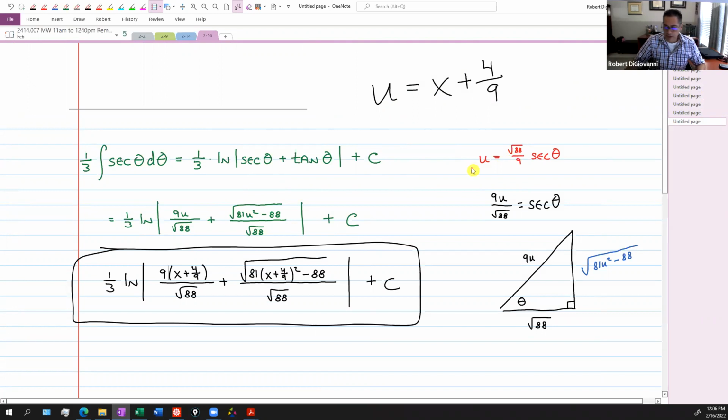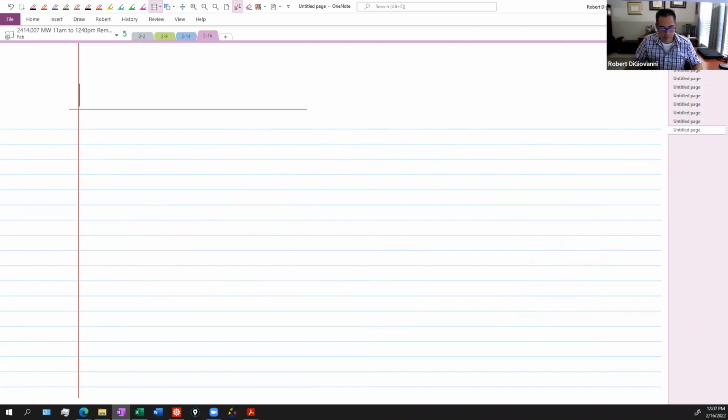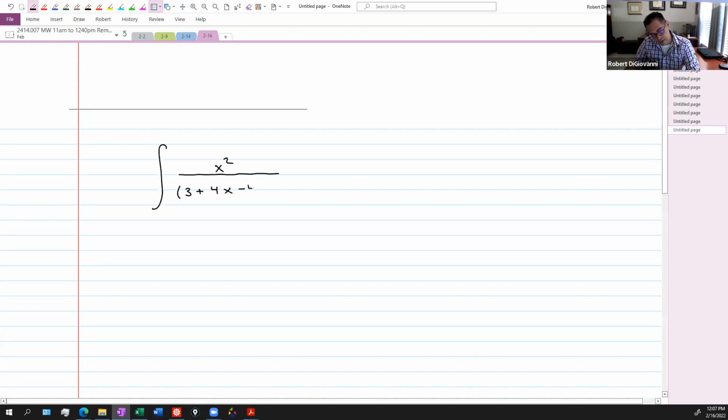So I'll give you an example. I'm not going to do this one, I don't have time, but here's an example of a problem in the homework set. I don't know if this is on homework. It's number 64, well, you know what? 62: x squared over 3 plus 4x minus 4x squared, all to the 3 halves dx.